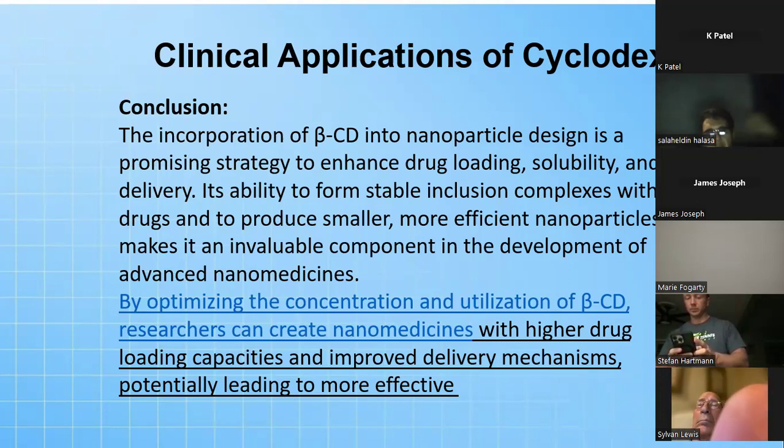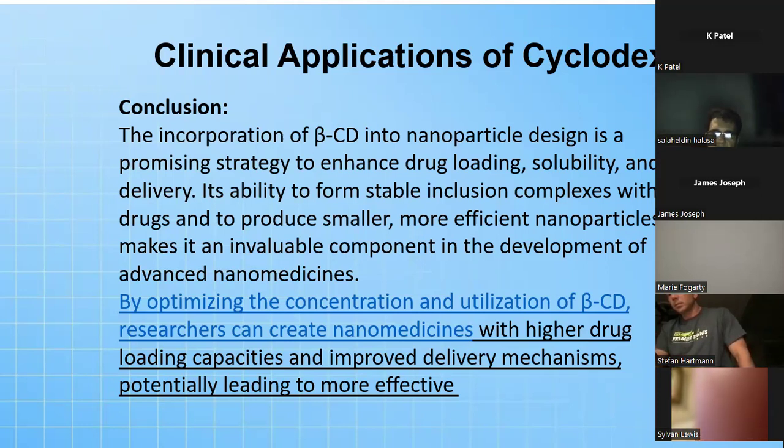This is something that, as chronic disease prevention and management docs, we are entertaining, this field of nanomedicine, as part of our curriculum and our specialty. By optimizing the concentration of beta-cyclodextrin, researchers can create nanomedicine with higher drug loading capacity and improved delivery mechanism, potentially leading to more effectiveness, and we talked about it in detail.